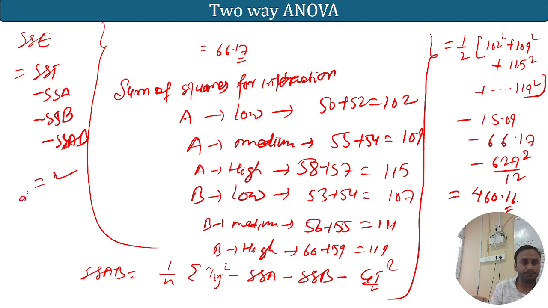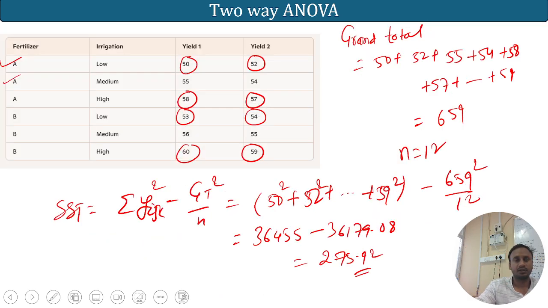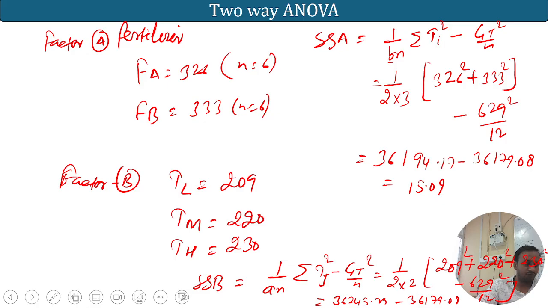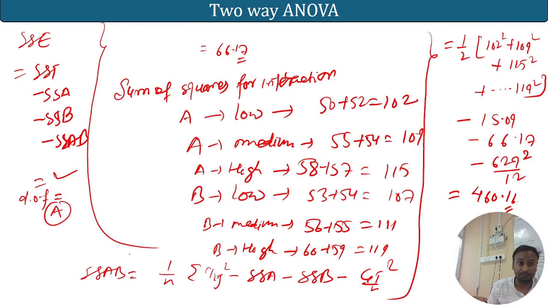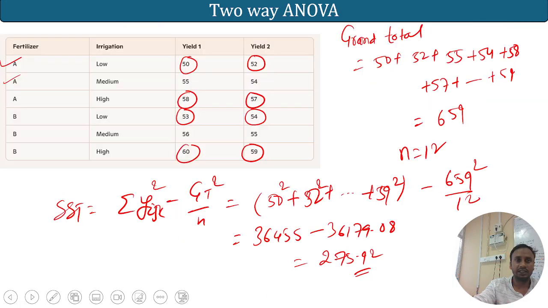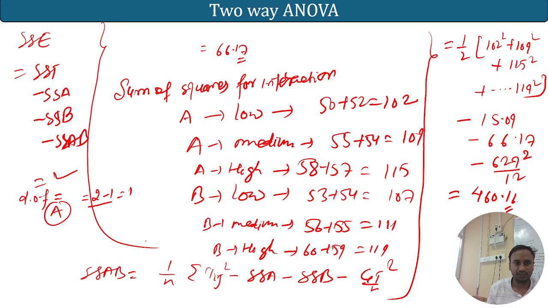Then what will be the degrees of freedom? First one will be for factor A. We have 2 levels, so 2 minus 1, it becomes 1, because we only have A and B. For irrigation, factor B, we have 3, so 3 minus 1 is 2. Then for AB, 2 minus 1 into 3 minus 1, it becomes 2.